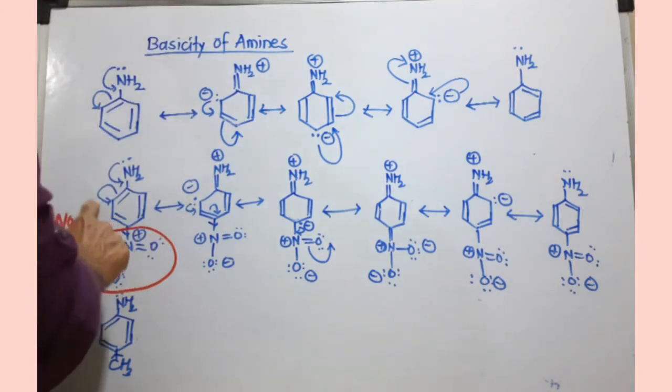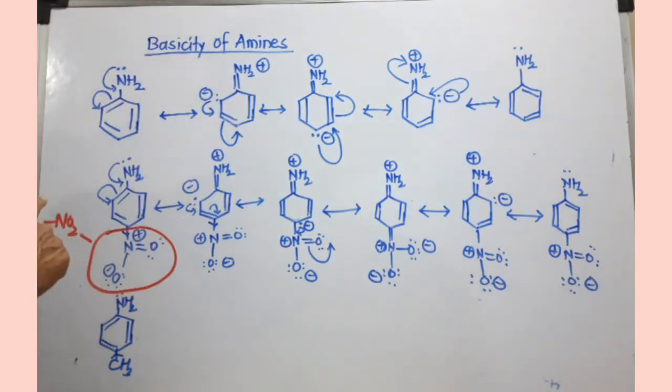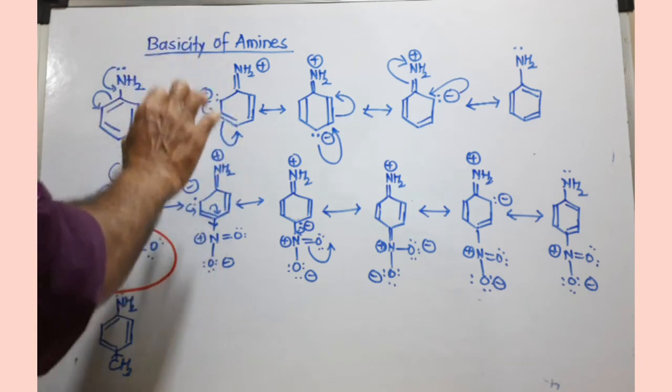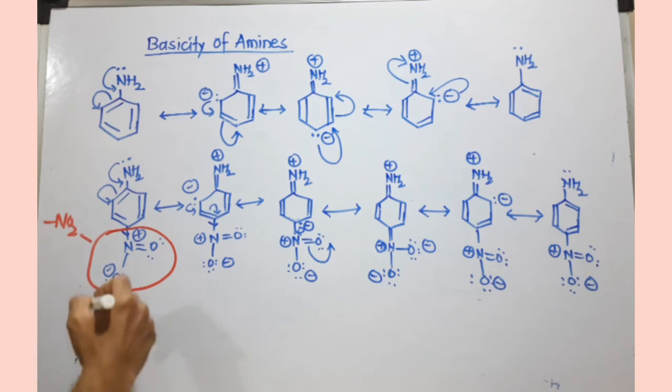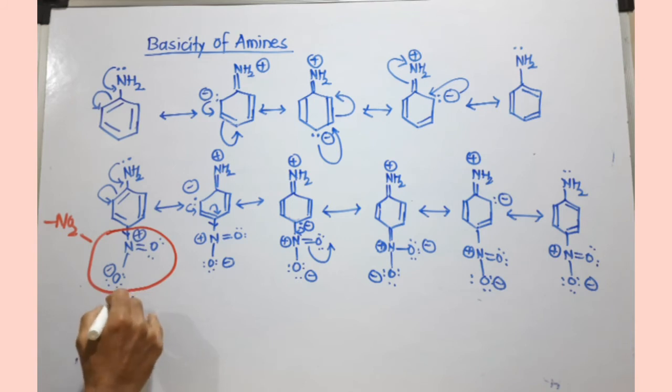So if an electron withdrawing group is present on the aromatic ring, that aromatic amine becomes less basic. Now opposite to this, if an electron donating group is present, an alkyl group, for example a methyl group, which is electron donating, providing electrons to this ring, then automatically the electron pair will remain there for longer, and there is even more electron density at this nitrogen.